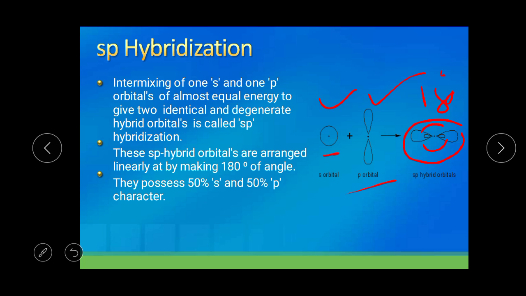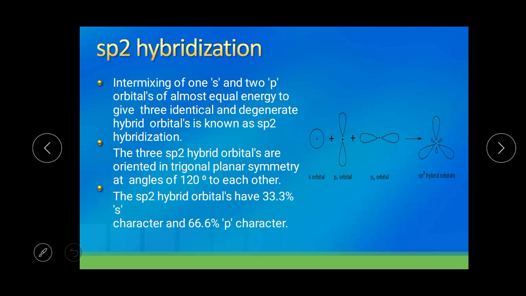We have seen this in VSEPR theory: for a linear structure, the bond angle is 180 degrees. The new hybrid orbital has 50% s character and 50% p character.